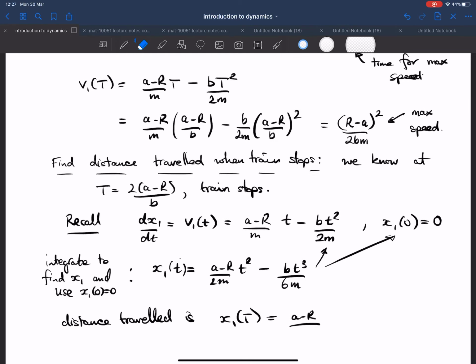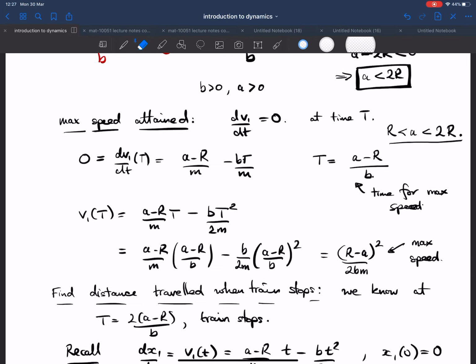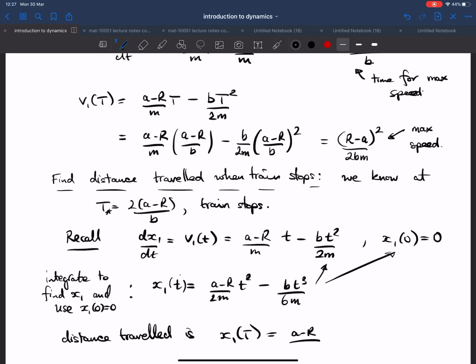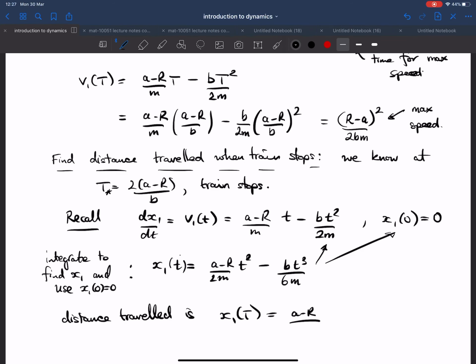I said capital T, but of course, capital T was reserved for the time to reach the maximum, so make this T star. This is T star squared over 2m, times 2 A minus R over b squared. Of course, this now starts to get a bit messy, as you'll probably appreciate, but if you want, you can crank this out again.